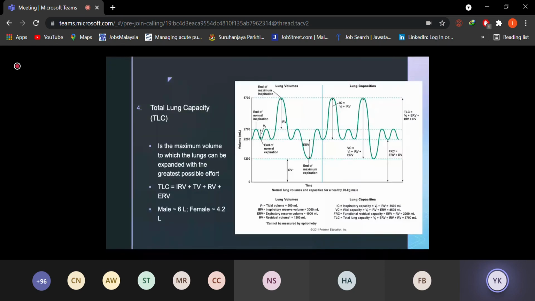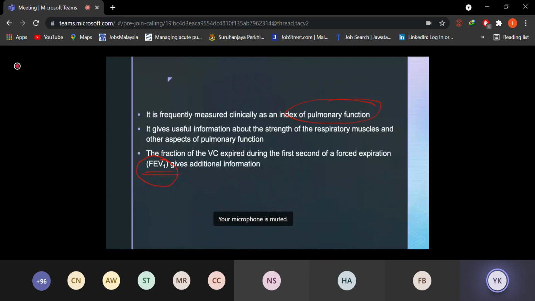FEV1 is like you inhale forcefully, then you exhale forcefully, trying to exhale as fast as possible. Within the first second, we measure that. We measure this FEV1, that's the first second of the forced expiration. It's a very important value.